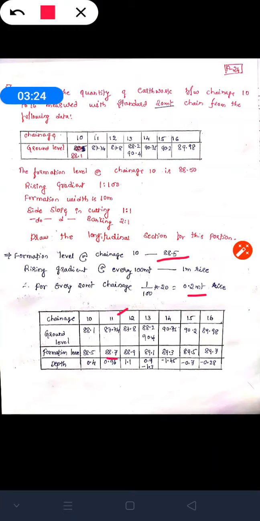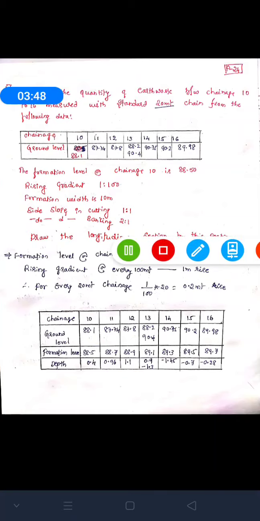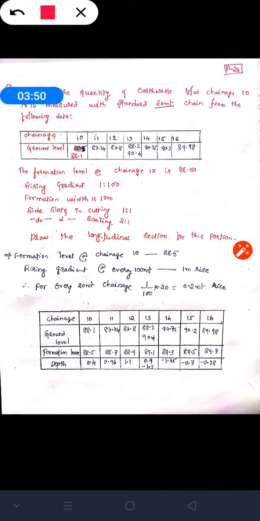Similarly at 12 it is 88.9. At 13, the formation level will be single, that is 89.1. Similarly at 14 it is 89.3, at 15 it is 89.5, at 16 it is 89.7.